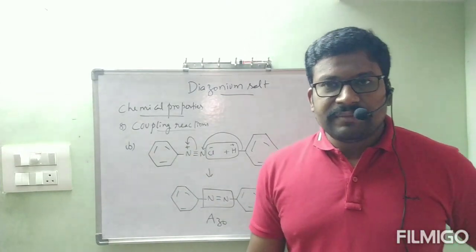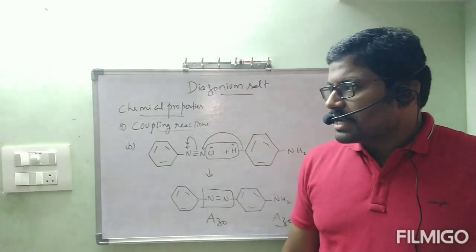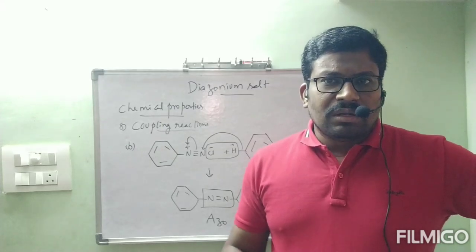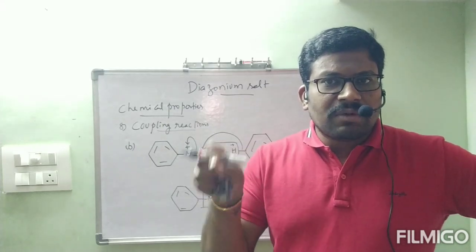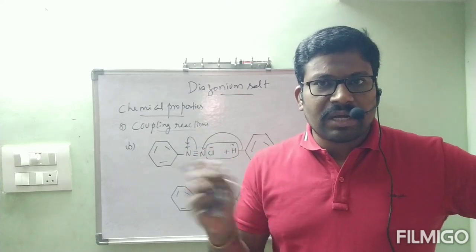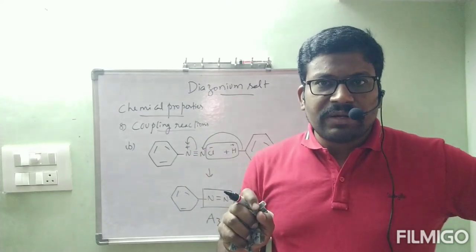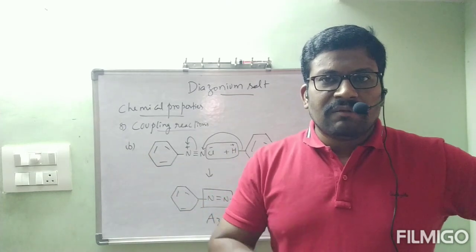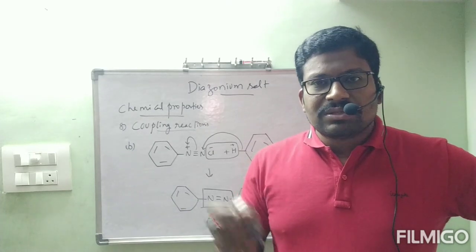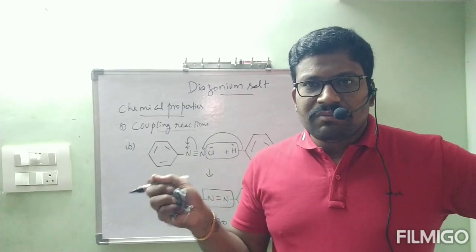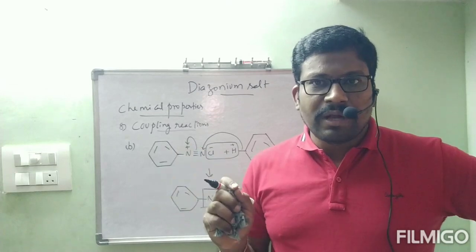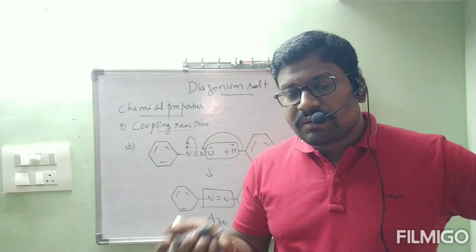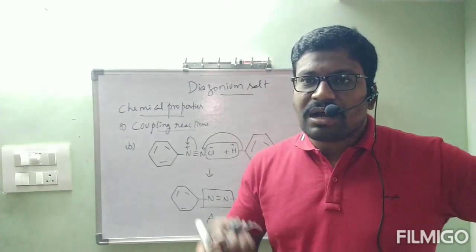Physical properties of amines. Generally amines contain RNH2, and there is a chance to form intermolecular hydrogen bonds between RNH2 and RNH2. If hydrogen bonds form, they have high melting and boiling points compared to other compounds with the same molecular mass. If amines are dissolved in water, there is a chance of hydrogen bond formation with water, so they are soluble in water.